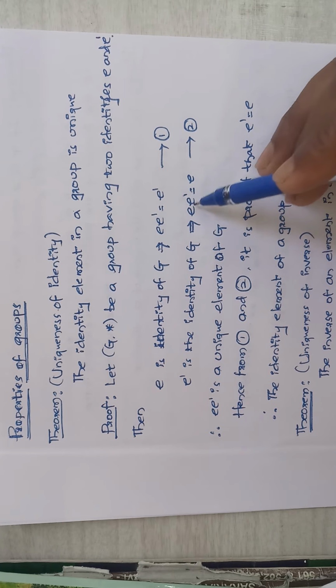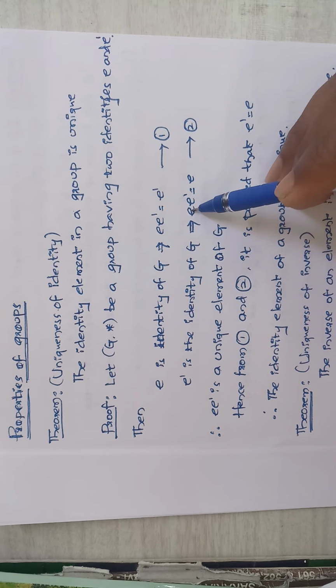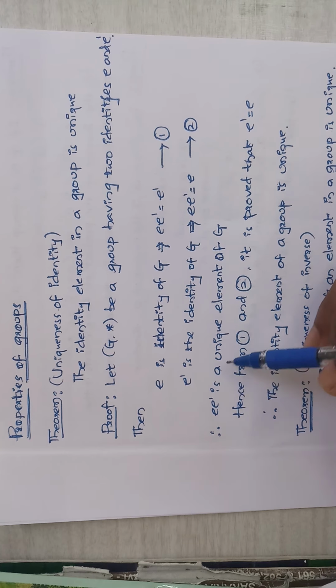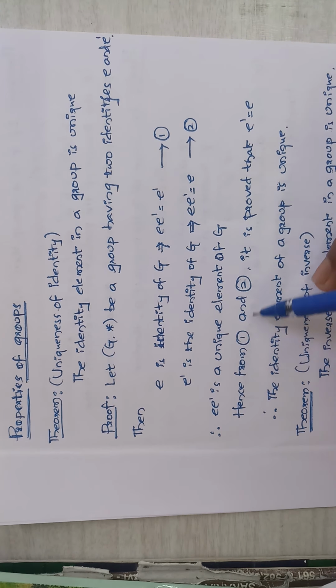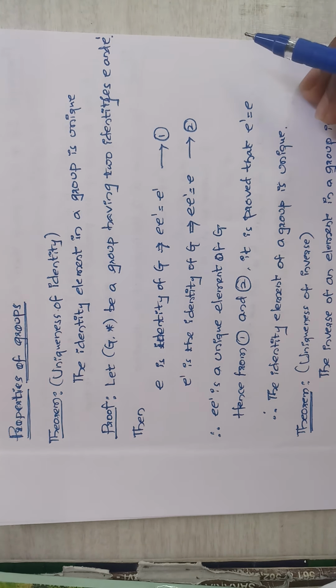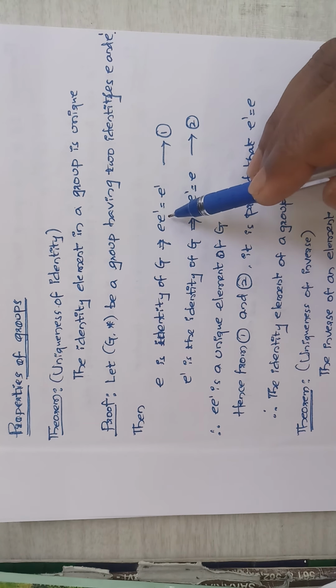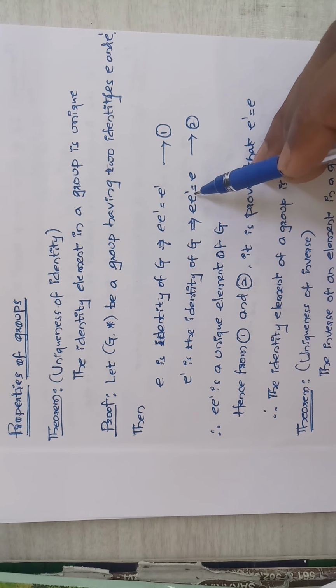So here E dash becomes the identity element. From equation 1 and 2, these two are equal to each other. So therefore E into E dash is a unique element of Z. Hence from equation 1 and 2 we get E dash is equal to E, because E into E dash is equal to E into E dash.